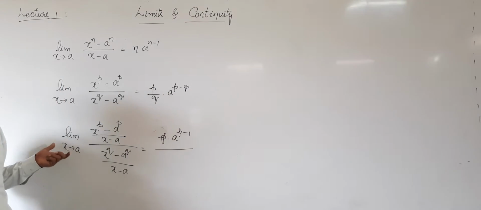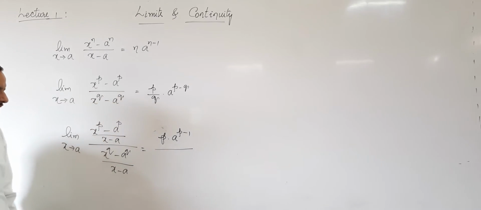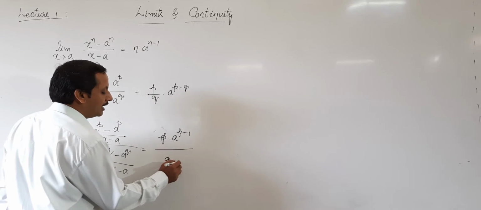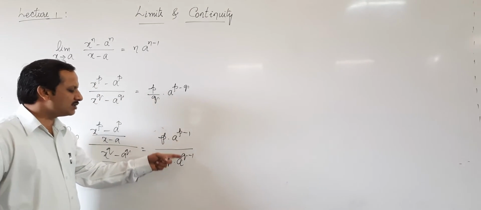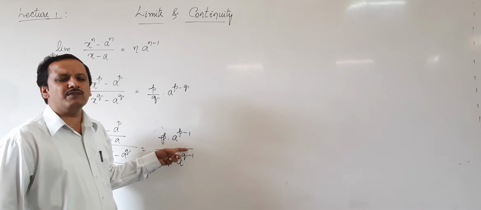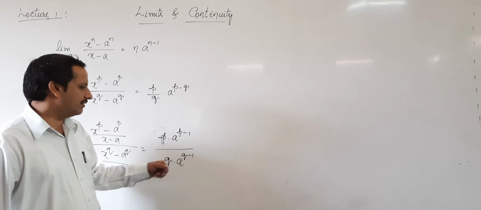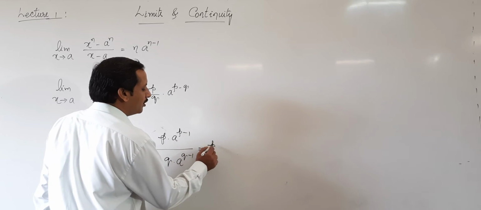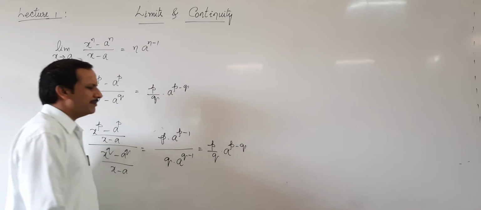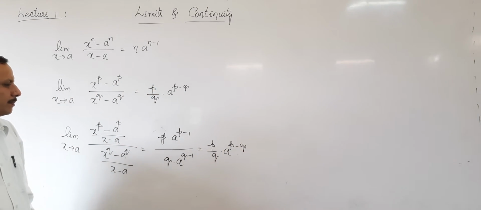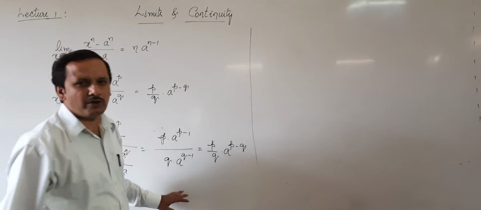Then in the denominator, the limit as x approaches a of (x^q minus a^q) divided by (x minus a) is equal to q into a^(q minus 1). So a^(p minus 1) divided by a^(q minus 1) will give you a^((p minus 1) minus (q minus 1)). The 1 gets cancelled. So this is equal to p by q into a to the power p minus q. Right? This formula you remember.